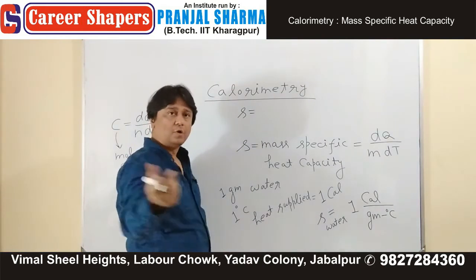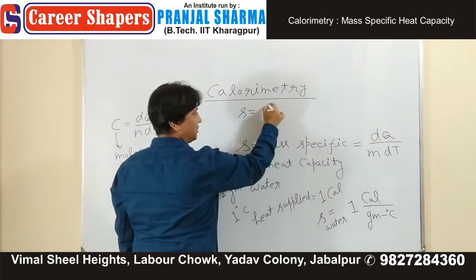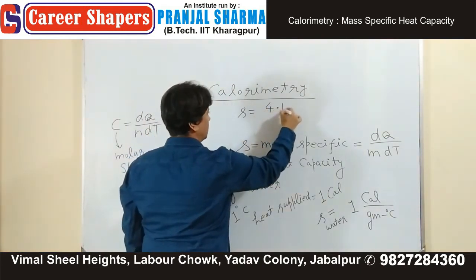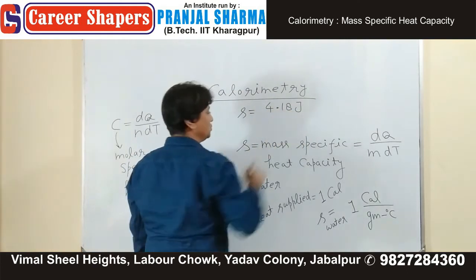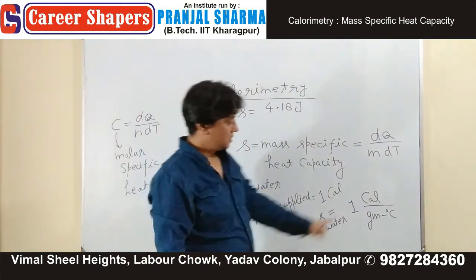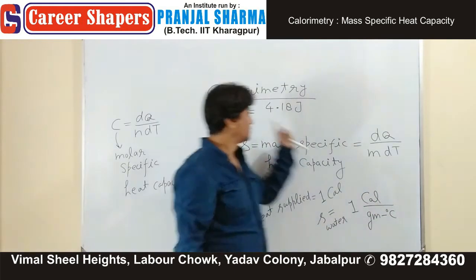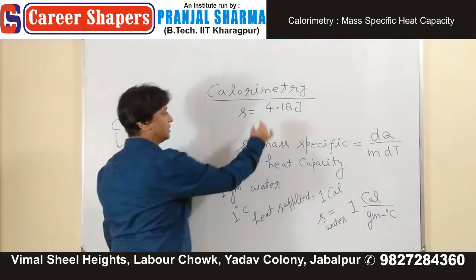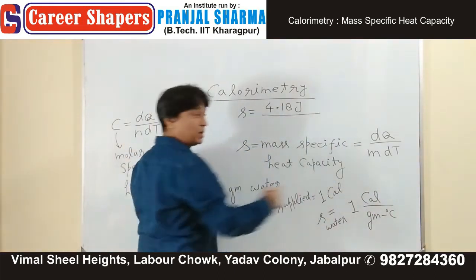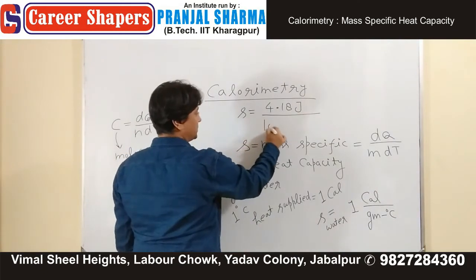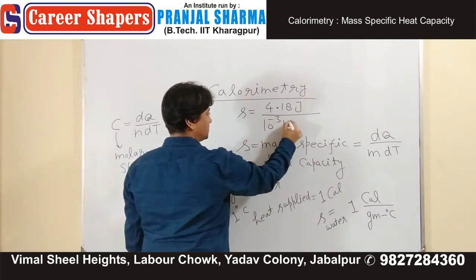Well, I hope you already know 1 calorie is 4.18 joules. 1 calorie is 4.18 joules divided by 1 gram, which is 10 to the power minus 3 kg.